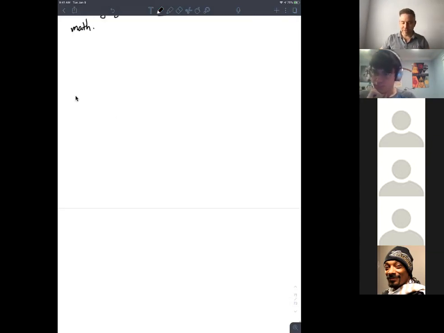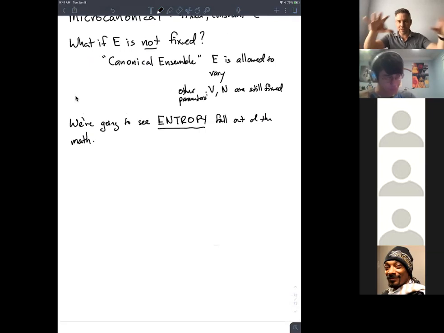Okay, so what we're going to do again is set up a system, okay? And we want to calculate things like the number of states available to this system, the density of states of the system, and calculate probabilities of the system. All right, now, at this point, the only way we know how to do this is within the microcanonical ensemble.